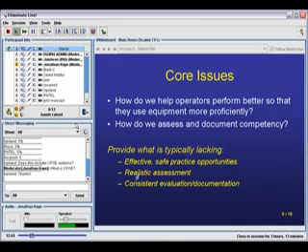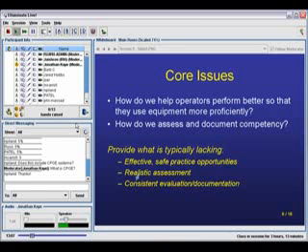When we talk about operational proficiency, we need to make it such that the skills are assessed in the way that they would actually be performed in the real world, and to close what they call the transfer gap between what people learn in training and what they're doing on the job.